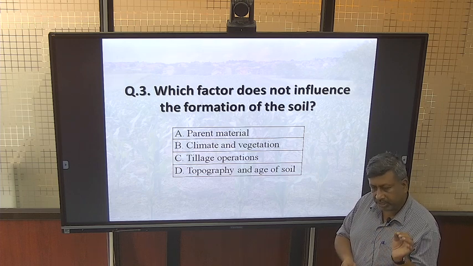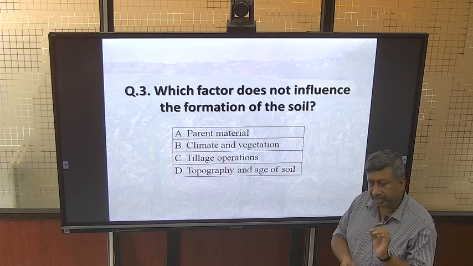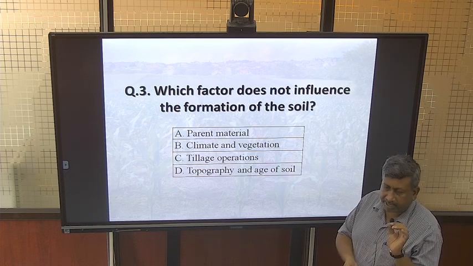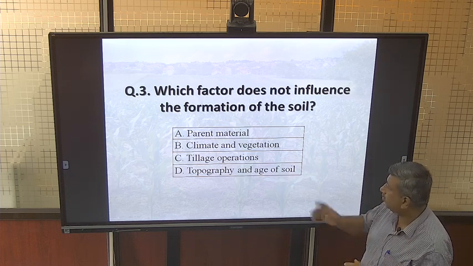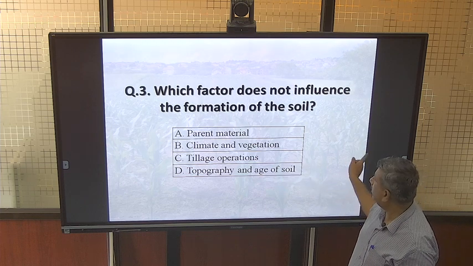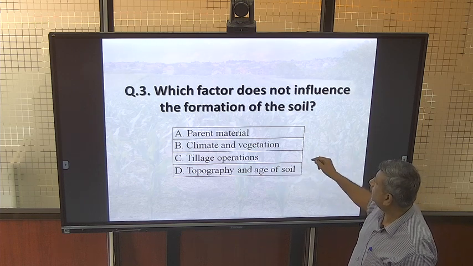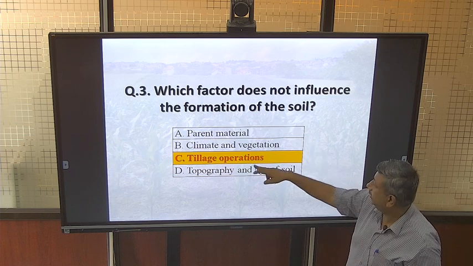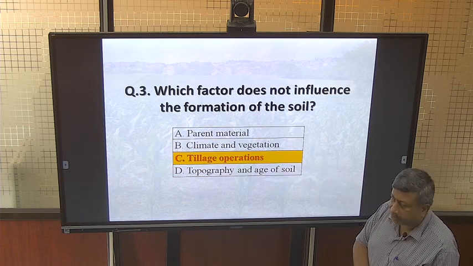CL means climate, O organism, R relief, P parent material, and T is time. These factors are responsible for soil formation, and tillage operation is not in this formula. Tillage operations, whether zero tillage, minimum tillage, conventional tillage, reduced tillage or conservation tillage, do not influence soil formation. That is why the answer in this question is tillage operation.